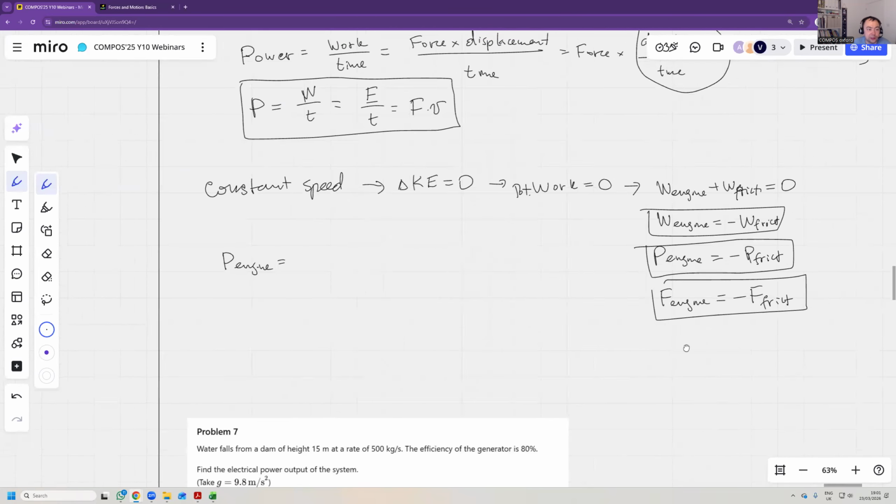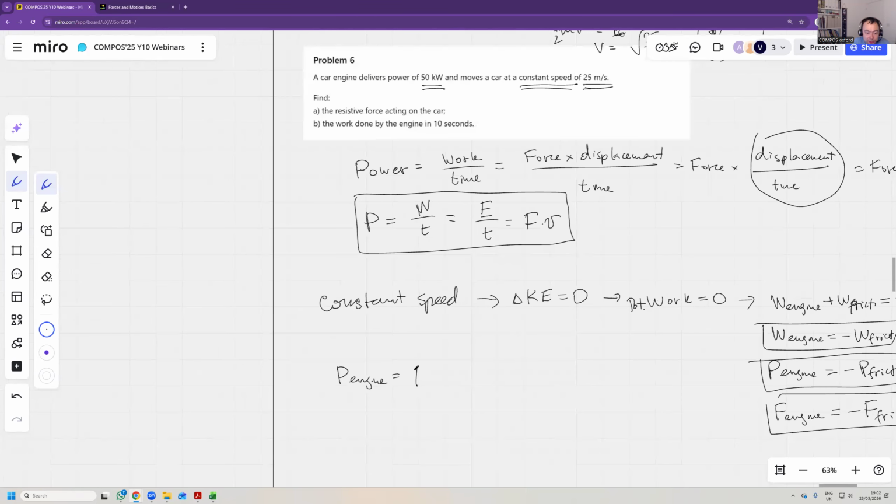So the power of the engine is the force of the engine times the speed, and therefore the force of the engine is equal to power divided by v, which is 50 kilowatts divided by a speed of 25 meters per second, which is 2 kilonewtons, which is 2000 newtons.